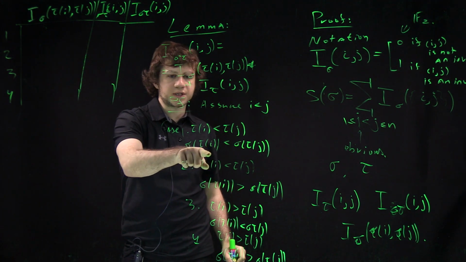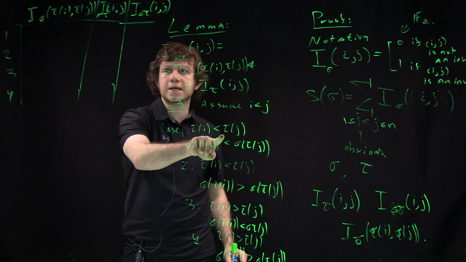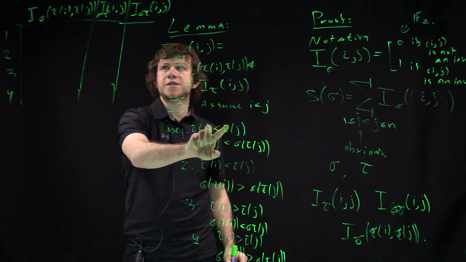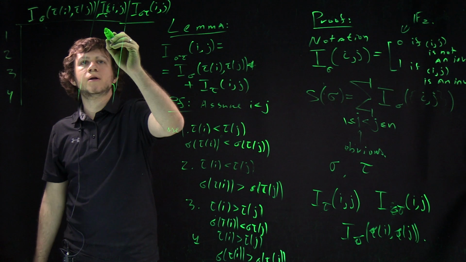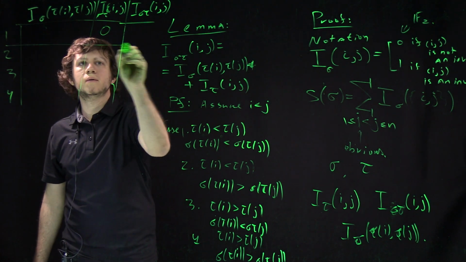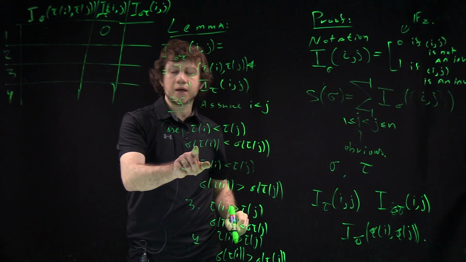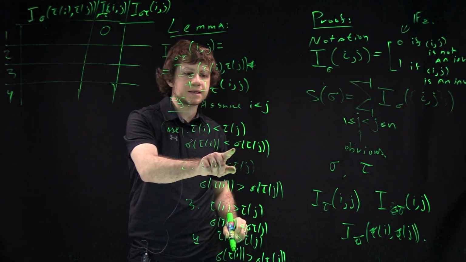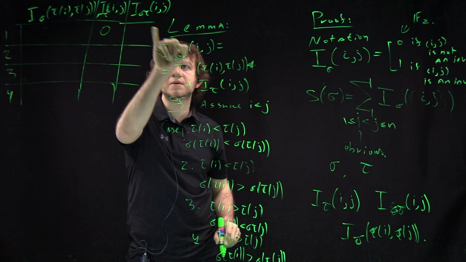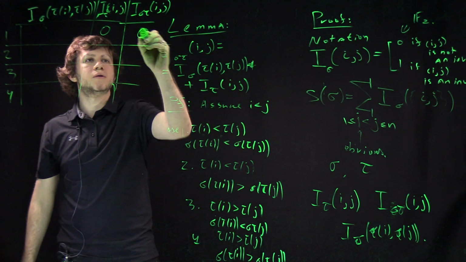So suppose the first thing happened. Then tau of i is less than tau of j, and it means that for tau, this is not an inversion, so we get 0 here. And sigma of tau of i is less than sigma of tau of j, so for sigma tau, ij is also not an inversion.